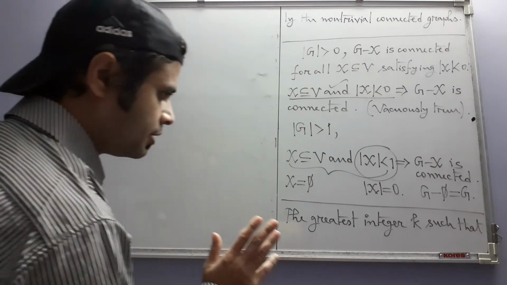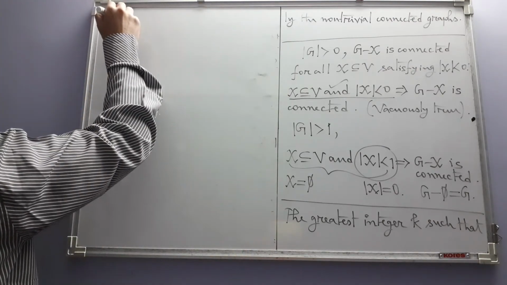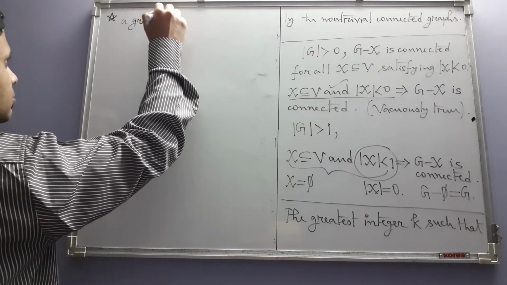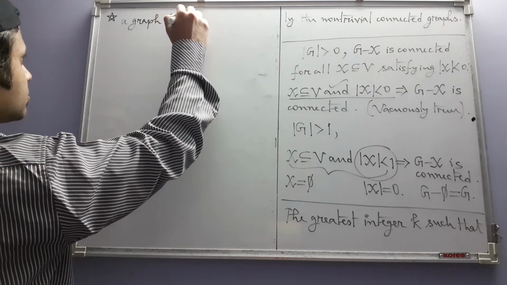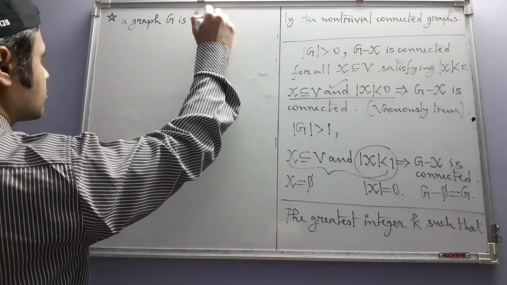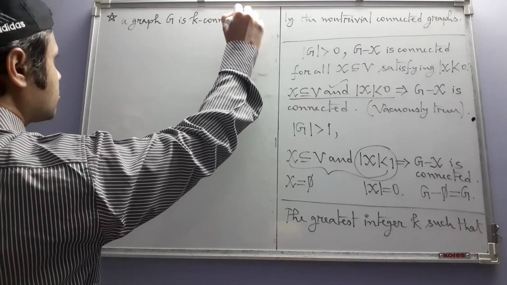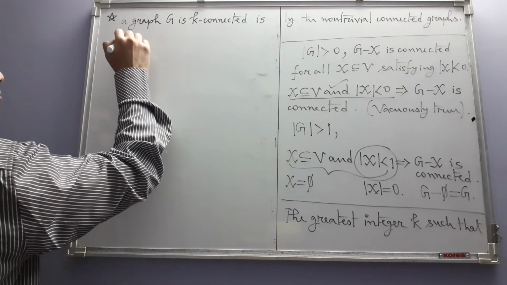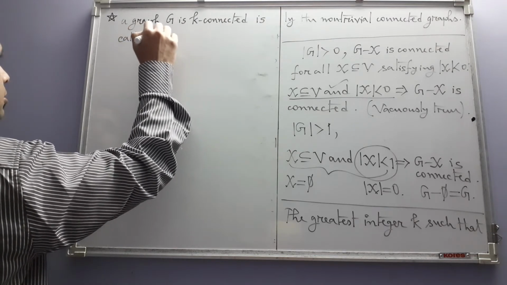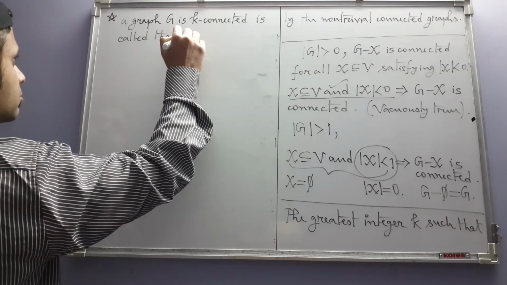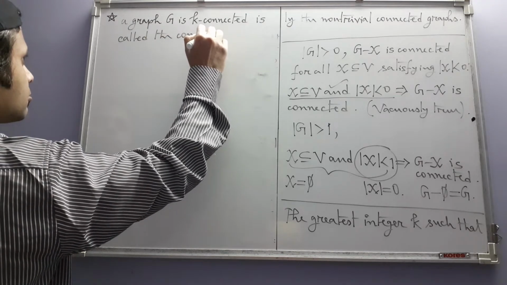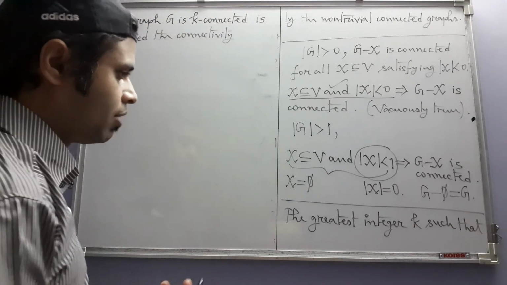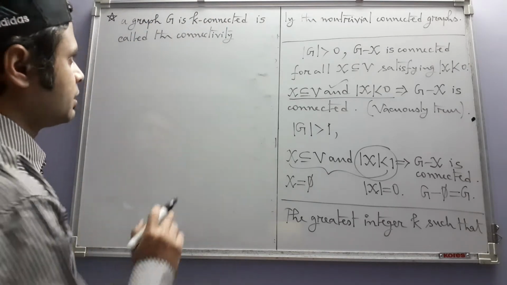The greatest integer k such that a graph G is k connected is called the connectivity, vertex connectivity, but we don't mention the word vertex.